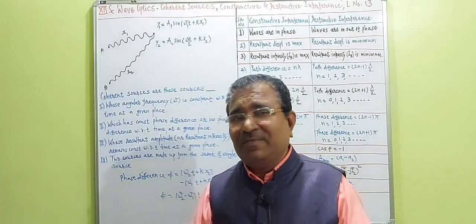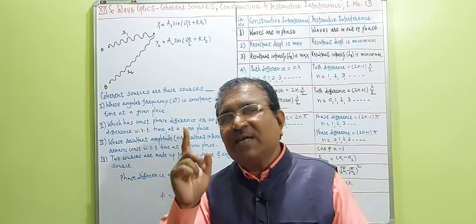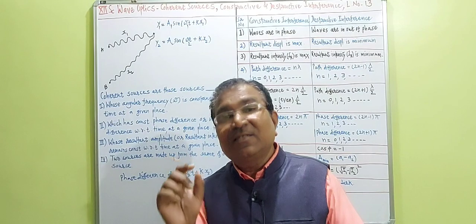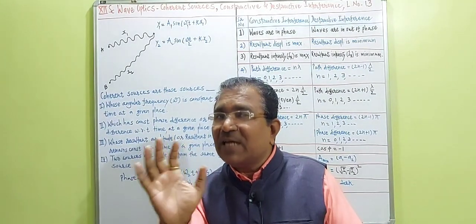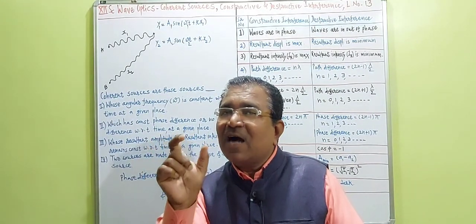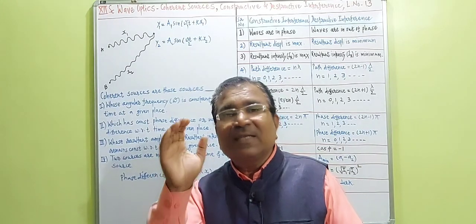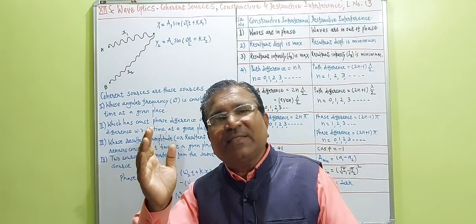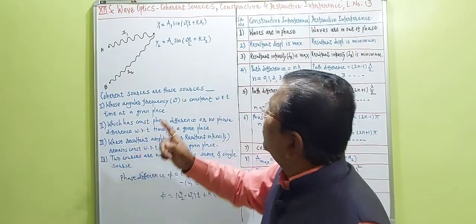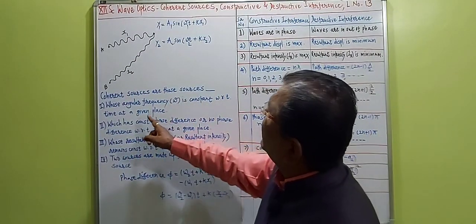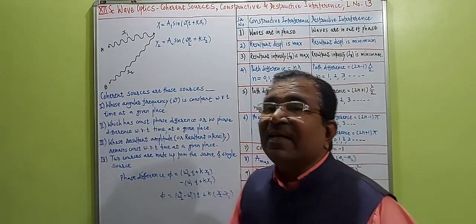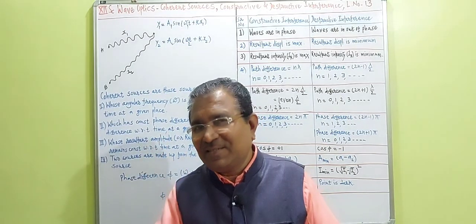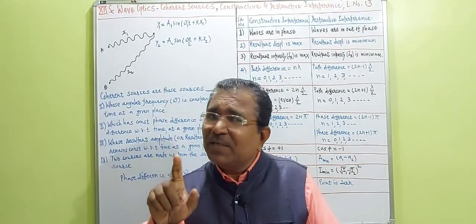Listen carefully. Coherent sources are those whose angular frequency remains constant with respect to time. This half sentence is most important: at a given place. And when angular frequency remains constant with respect to time at a given place, then we get a constant phase difference at a given place.